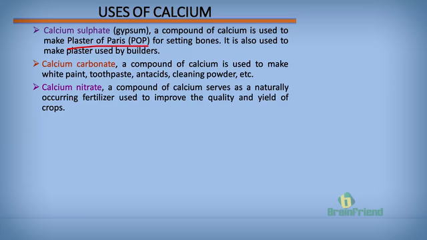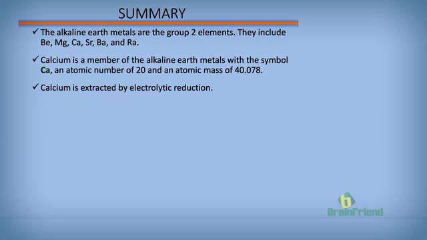Calcium carbonate, which is another compound of calcium, is used in making white paints, toothpastes, antacids, cleaning powder, etc. Calcium nitrate, another compound of calcium, serves as a naturally occurring fertilizer used to improve the quality and yield of crops.